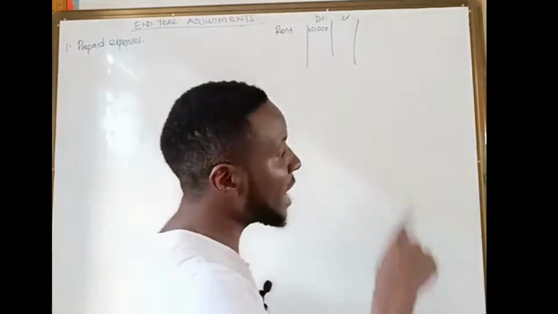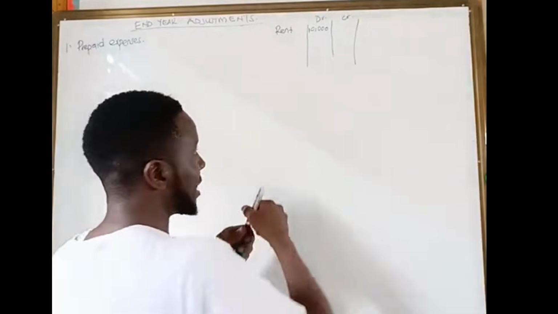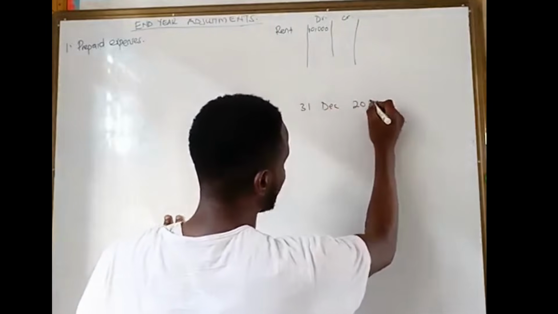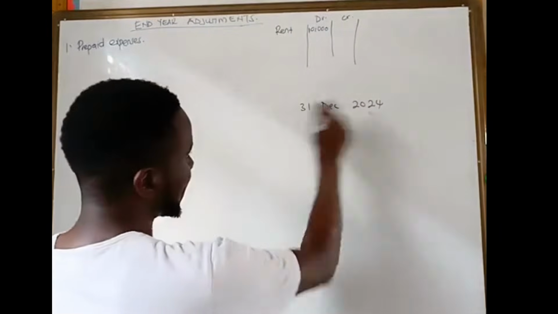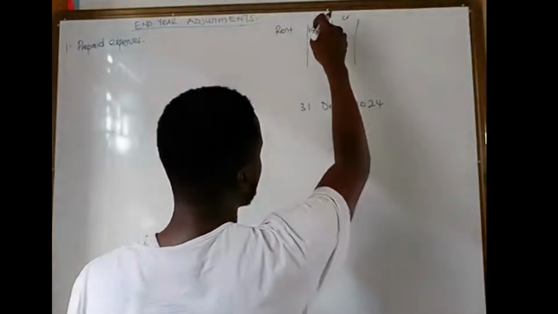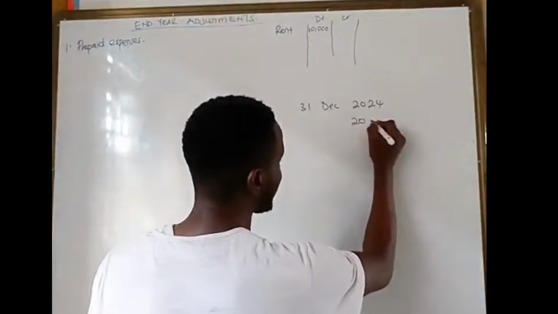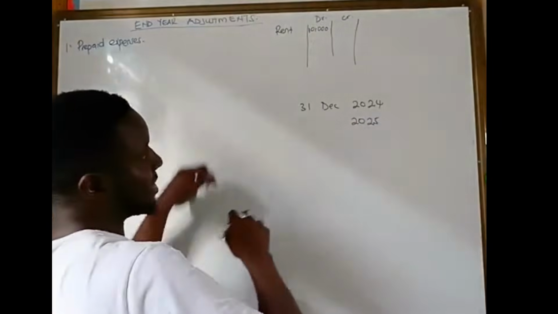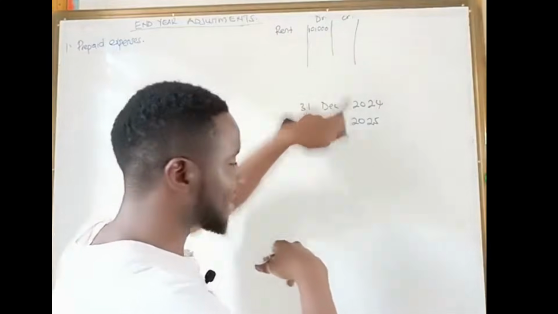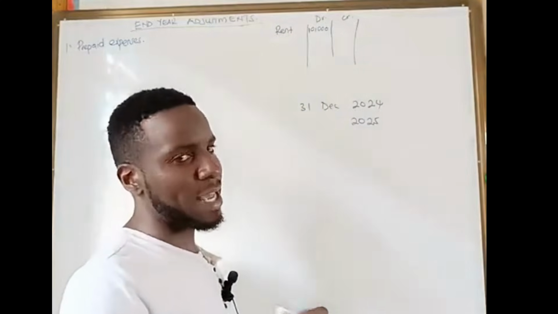If we are looking at the financial year ending 31st December 2024, for example, and they tell us that the amount of money, which is half of the rent here, was for the forthcoming financial year, that means we are supposed to come back and correct this in the statement of financial position and the income statement.